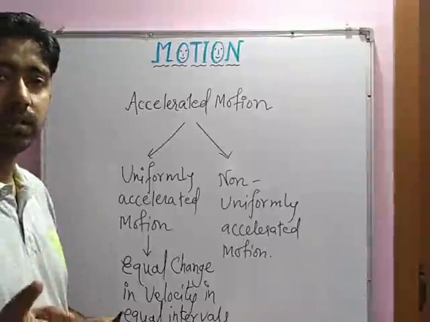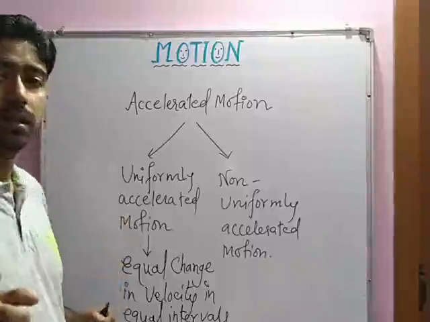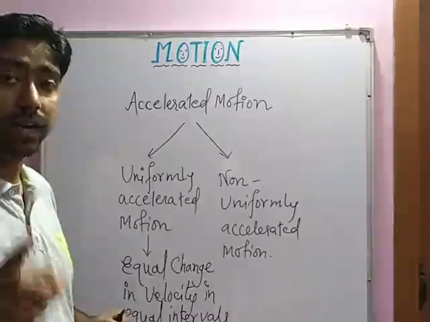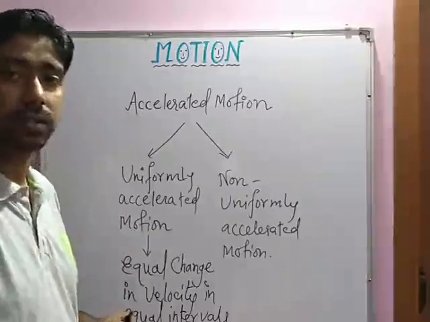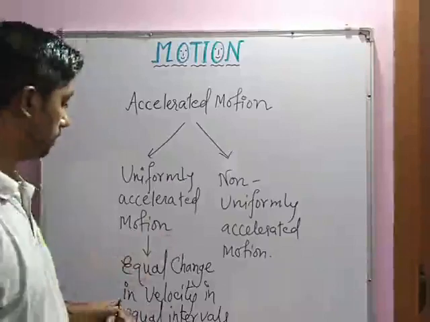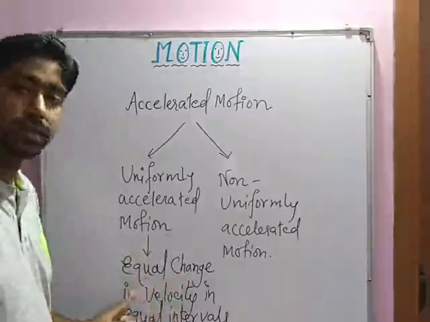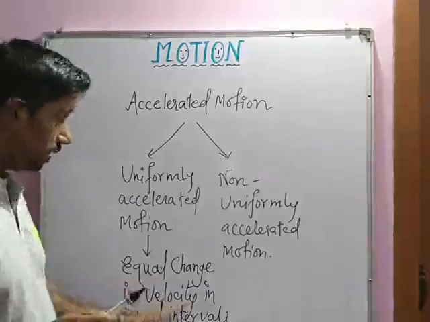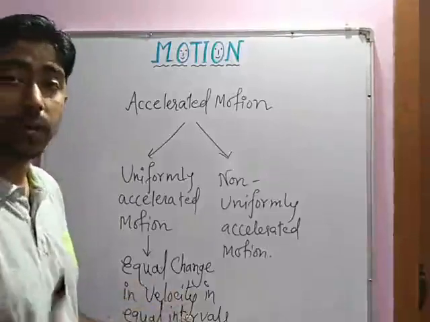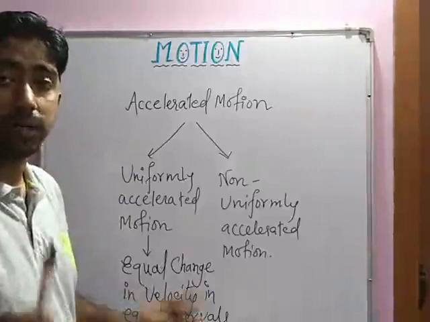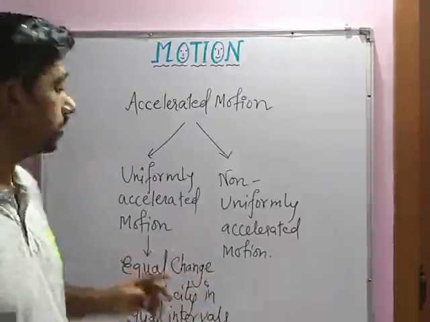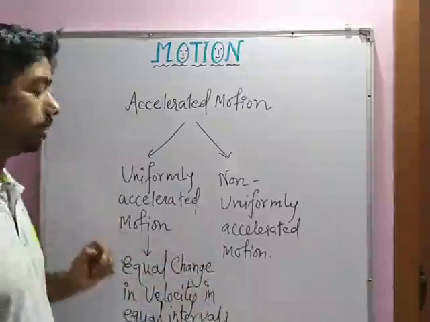Velocity is changing, but the rate of change of that velocity is always fixed. In equal intervals of time, the change in velocity is always the same. That kind of motion is known as uniformly accelerated motion.